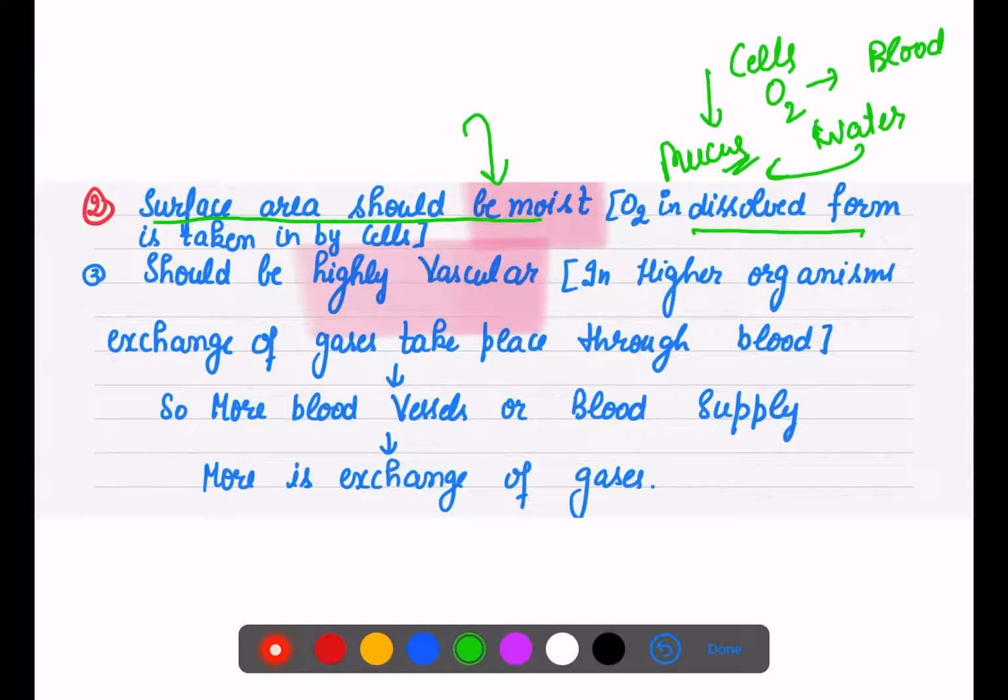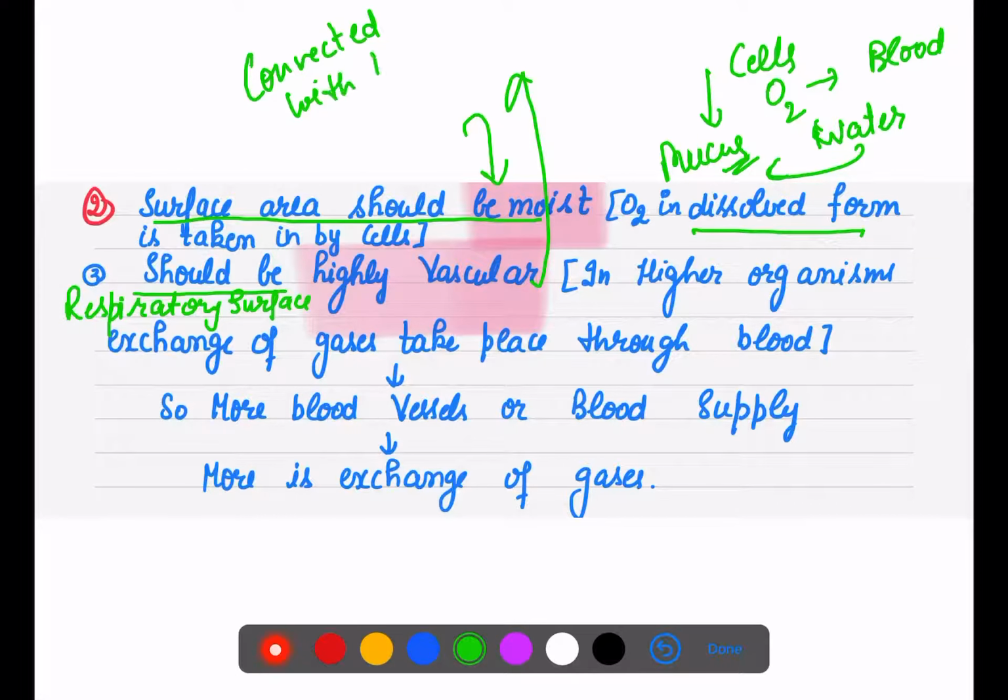Then the respiratory area should be highly vascular. Here I am talking specifically about human beings, that it should be highly vascular, meaning it should be connected with the blood supply, with blood vessels.